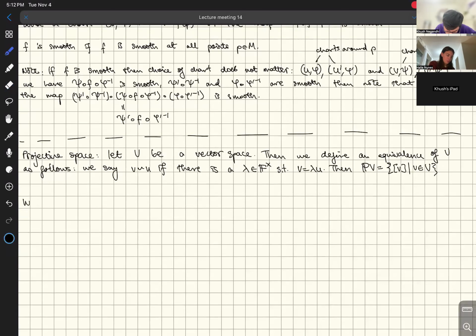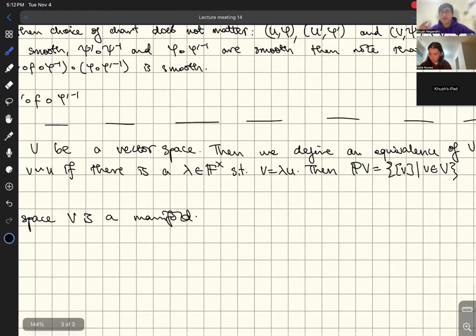We show a vector space V is a manifold. And what we're going to do here, the charts are going to be a choice of basis.